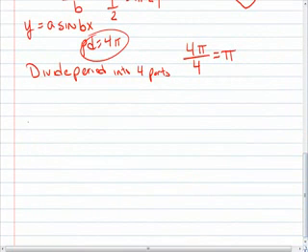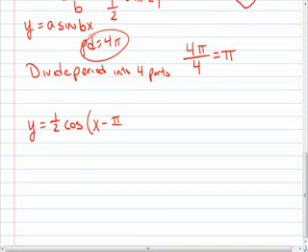Introduce something else. Let's go 1/2 cosine x minus pi over 3. This is getting totally crazy. My amplitude is 1/2.